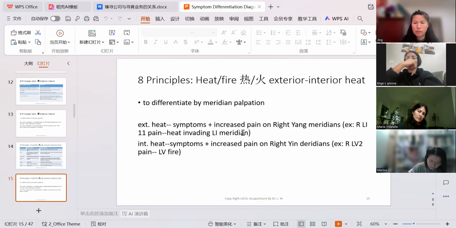But if it's internal heat, that will be the symptoms plus increased pain on the right yin meridians. Say, for example, right side liver 2, very painful. We say liver 2 is the one for liver fire. So actually, this shows liver fire.